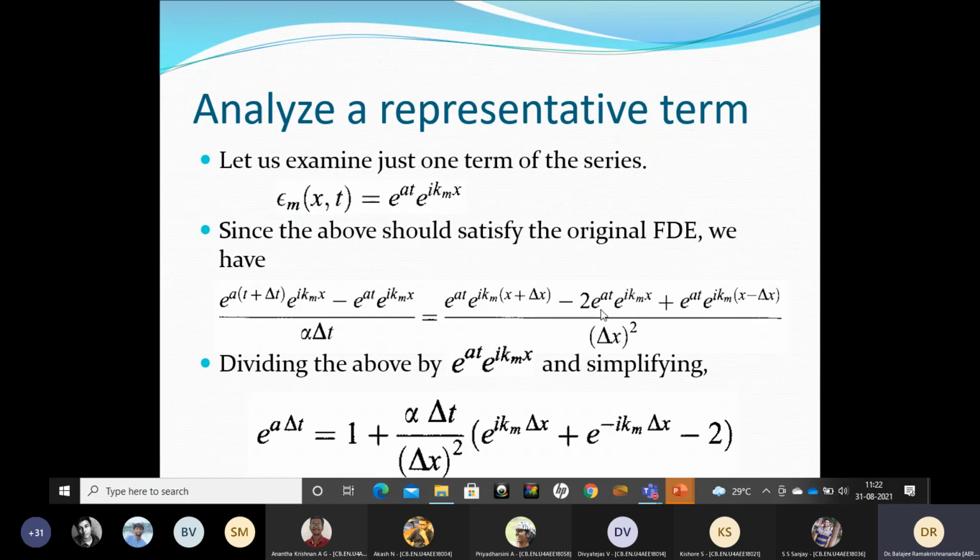Here you will get just minus 2. Here you will get e power i km minus delta x. So if you simplify this, you will get this expression. E power a delta t is equal to 1 plus alpha delta t by delta x whole square into e power i km delta x plus e power minus i km delta x minus 2.